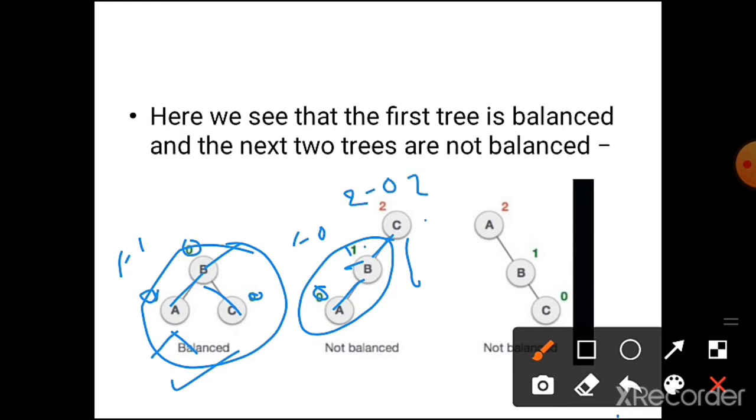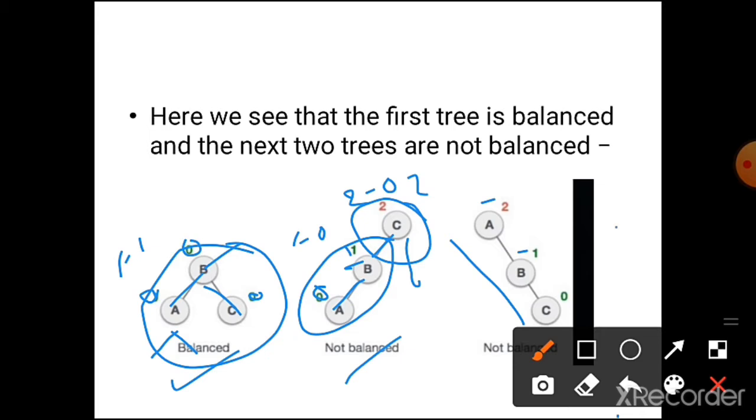So C's value is greater than 1. So this is an unbalanced tree. The same case here, A's value is -2 and here it is -1. So this is an unbalanced tree.